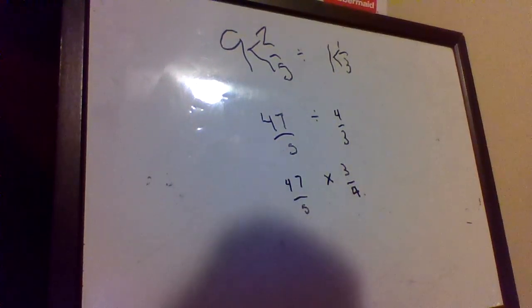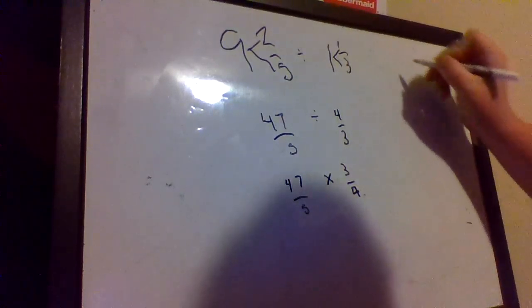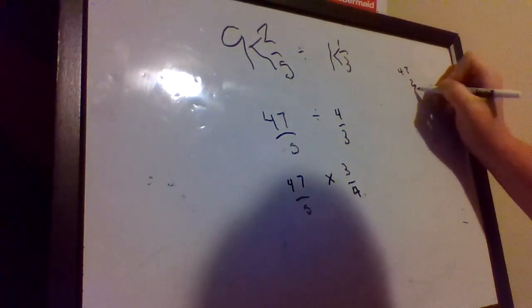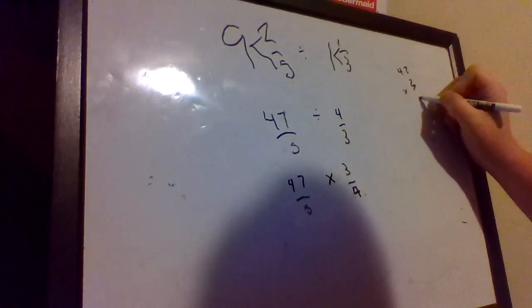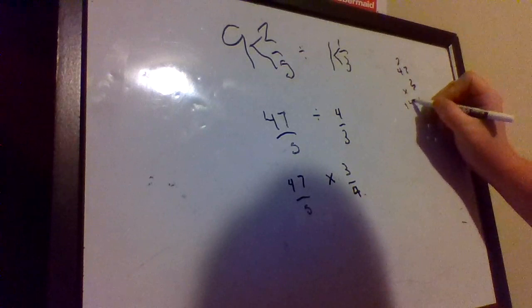So, the online worksheet really gave us a doozy here, but we can figure it out. So, 47 times 3, 21, carry the 2, 141.